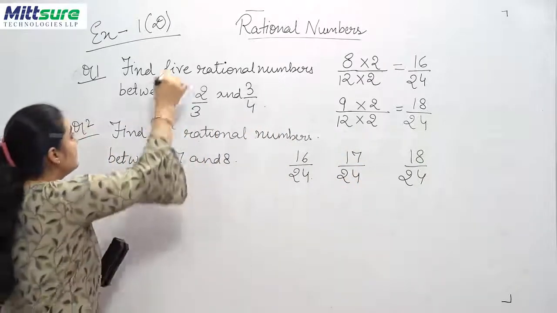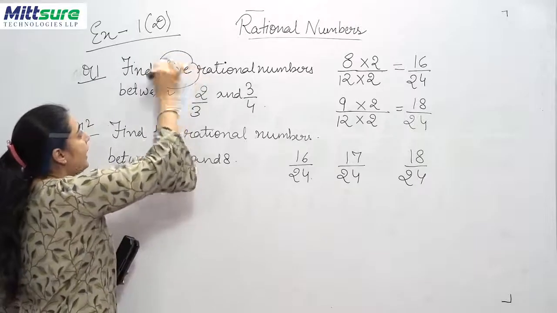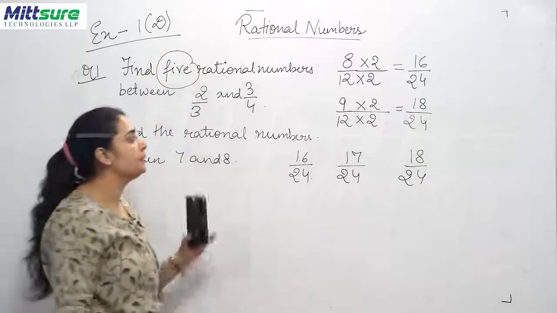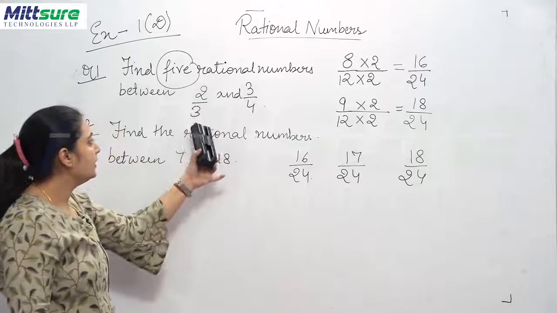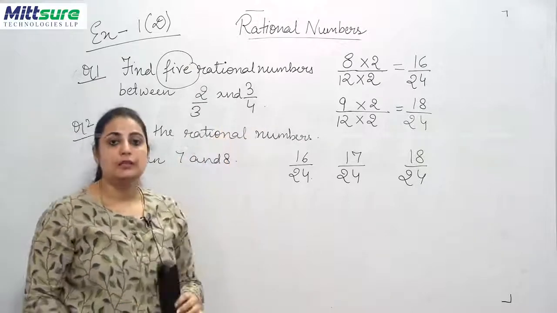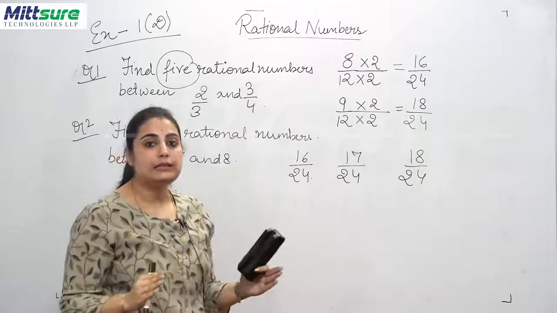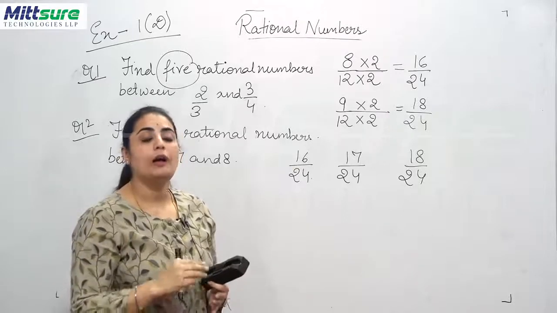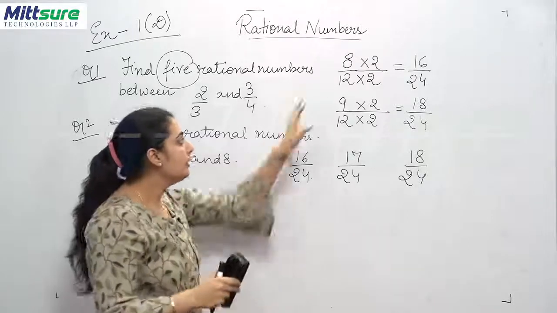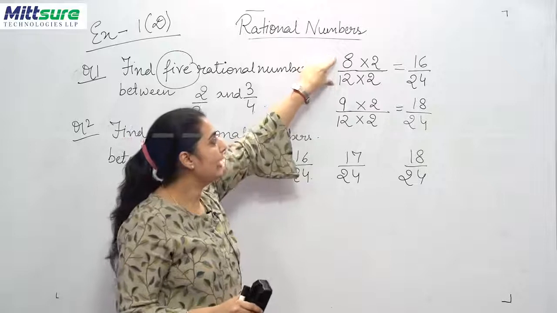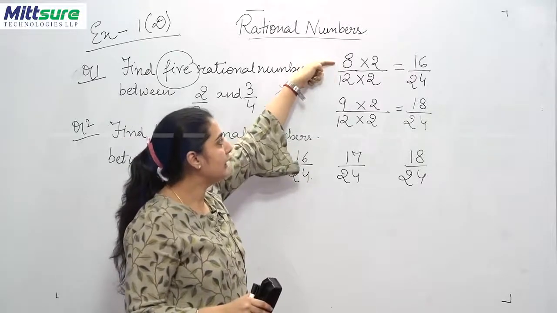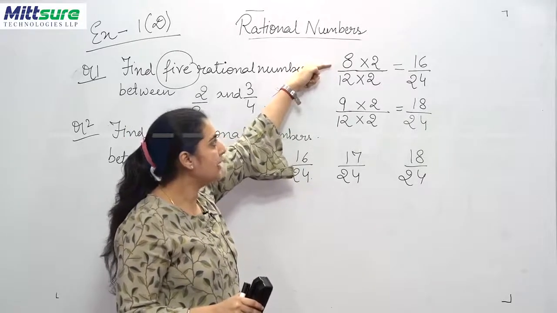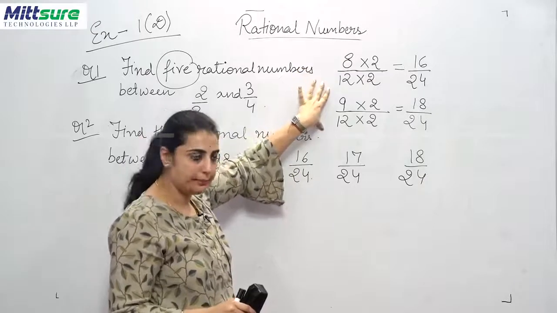But my question says that I am supposed to find 5 rational numbers between 2 upon 3 and 3 upon 4. So I am supposed to increase the range. Now what am I going to do? Here I have taken 2 as the number to multiply the numerator and denominator of the two given rational numbers.